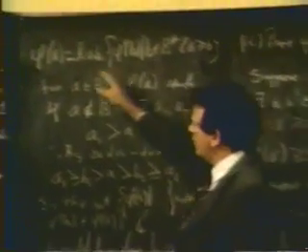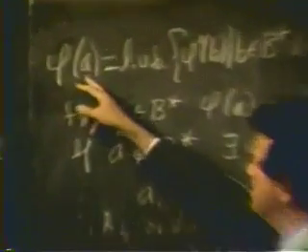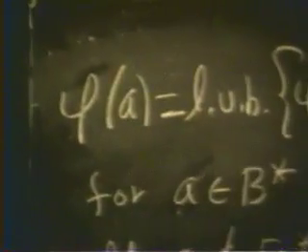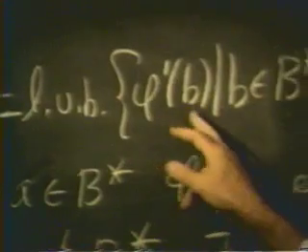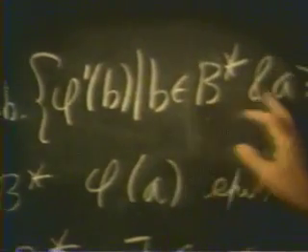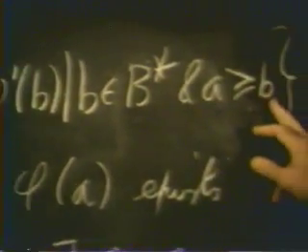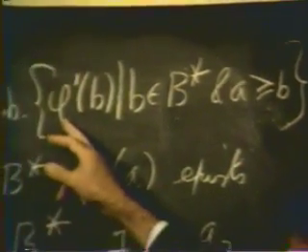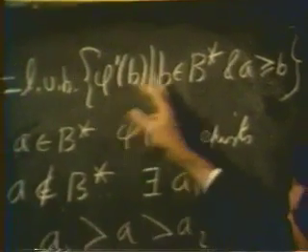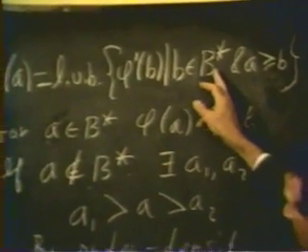We define for an element A in A, phi of A as the least upper bound of the set of all numbers phi prime of B, such that B is in B starred and A is at least as great as B. Notice in this definition, we make the definition of phi depend on phi prime and on the countable set B starred.